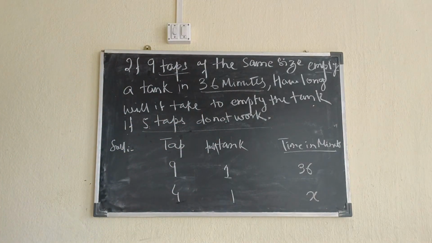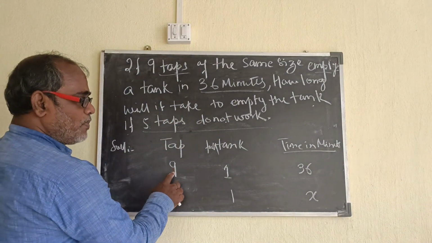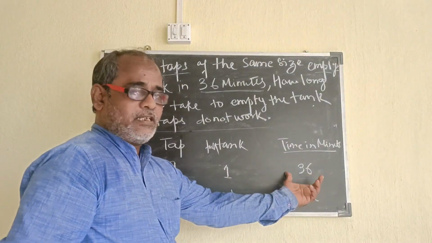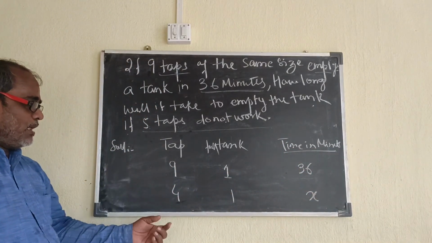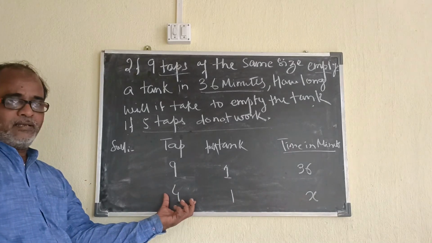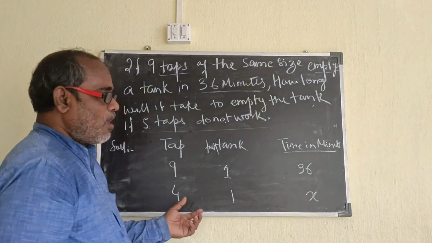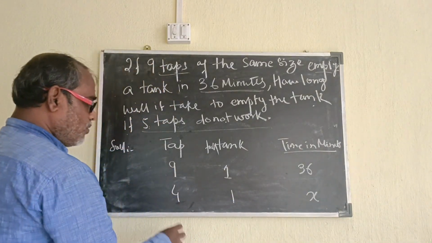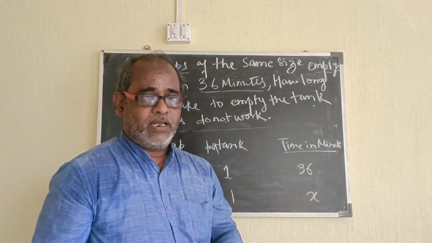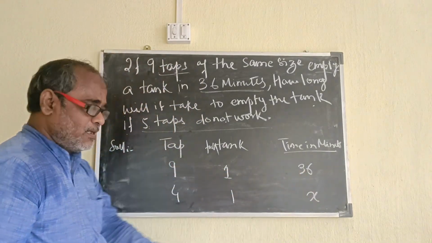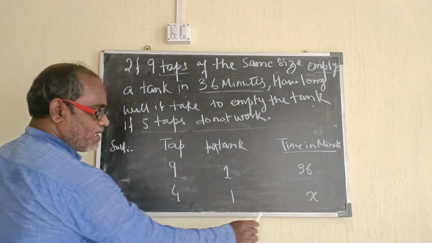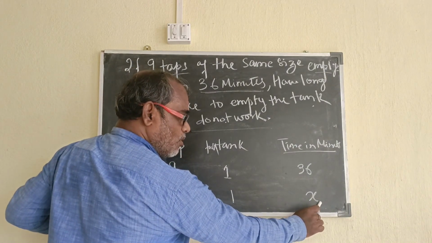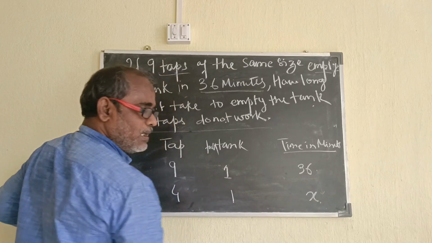Now first we will try to understand: 9 taps when open, it has emptied in 36 minutes, means freely it has emptied within 36 minutes. Naturally, if 4 taps are open, then how much time will it take? If you understand properly, it will take much more time than this. That means the quantity is decreasing, but since the time taken is more, the time is increasing.